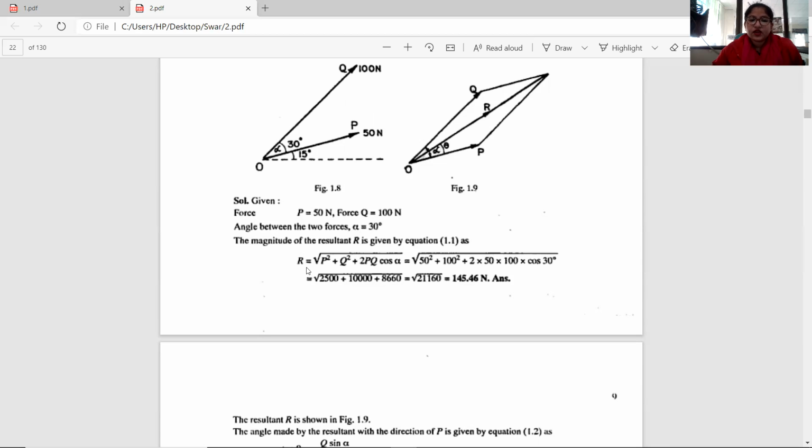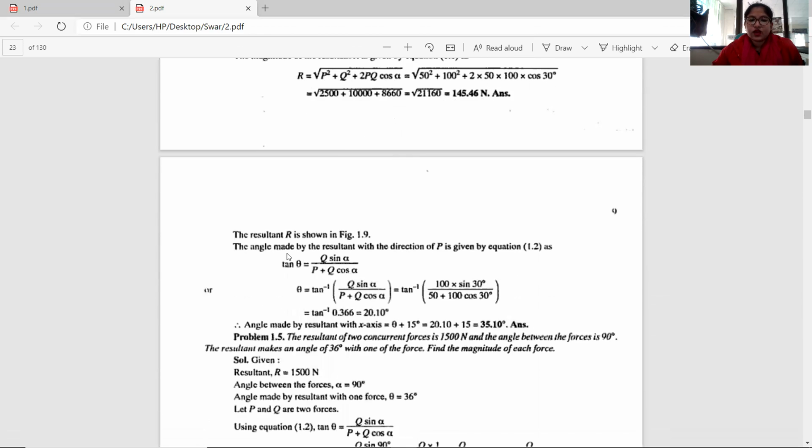Now, first we have to find the magnitude of the resultant, which we can calculate by the formula under root of P square plus Q square plus 2PQ cos alpha. Put the values of P, Q and alpha in this formula, then my R will be 145.46 Newton. Now we have to find the direction of this resultant.